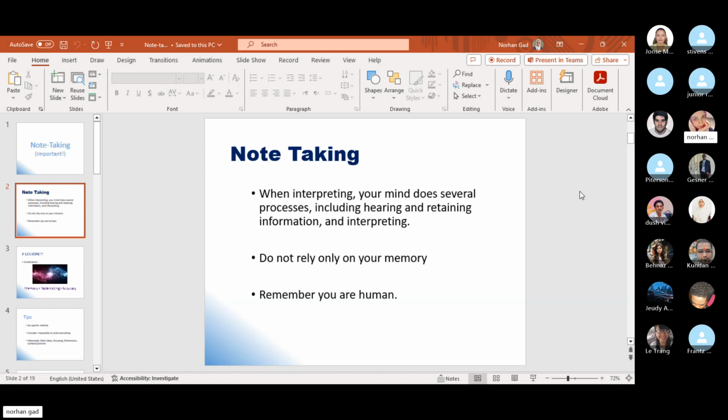So while I'm talking to you in English right now, your mind is occupied doing those three things. It hears, it retains the information, and it interprets automatically, even without you thinking about it. So if you give your mind an extra job, which is to memorize the speech, it's going to fail you.